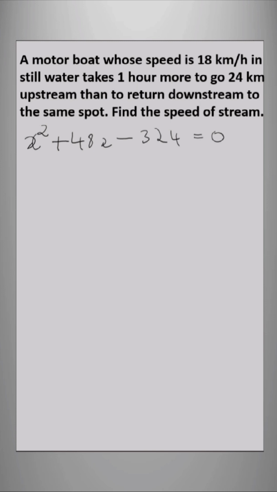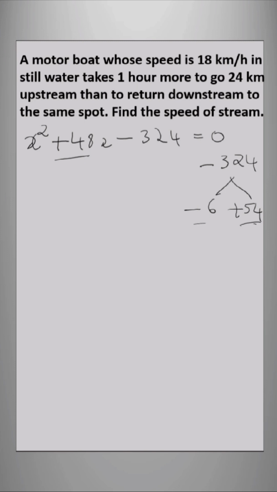Now let us factorize 324 to get positive 48: minus 6 plus 54. If you add these two, you'll get 48.